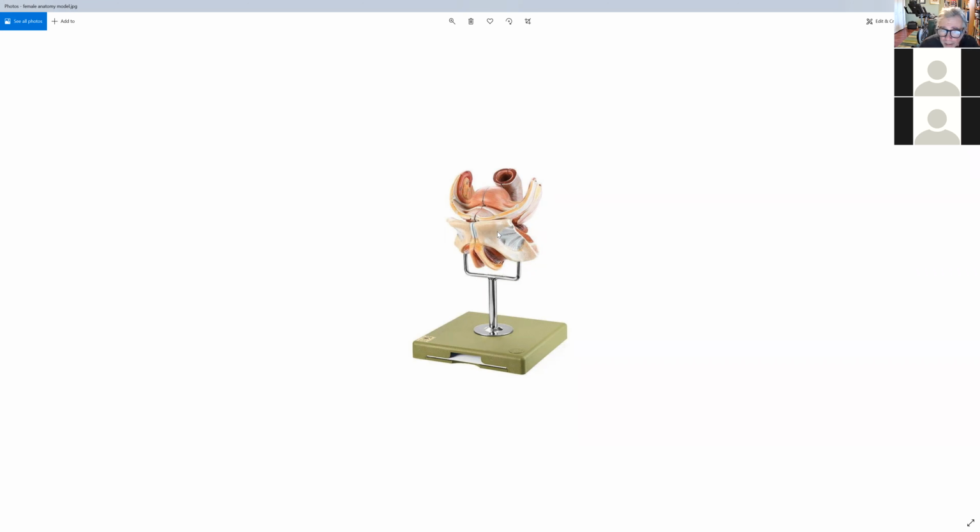Unfortunately, we can't look at it real close, but the good thing is you can see the labia majora right here, which you can't see on the cross section. Everything else you can see fortunately on the cross section, and this thing opens up also to get a cross section inside. So I'd probably be putting some questions on this particular model.